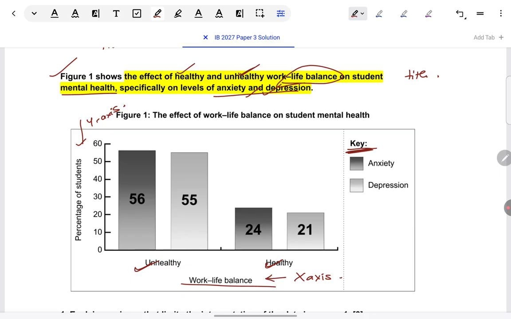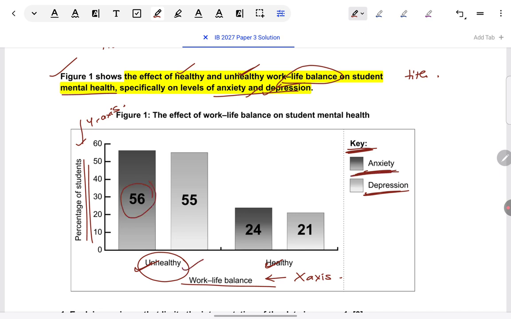The darker shaded bars represent anxiety, and the light gradient shade ones represent depression. So now, if I read the graph, I can read, for example, that those who have unhealthy work life balance, their percentage of anxiety tends to be 56%.